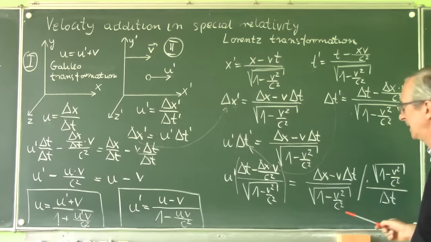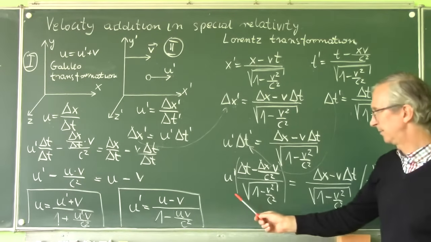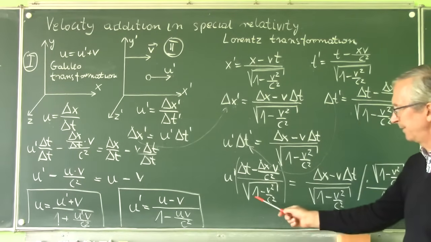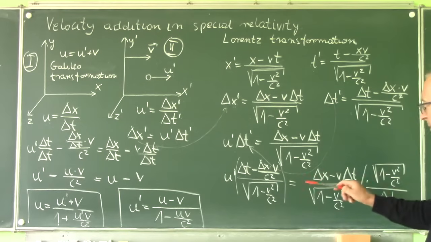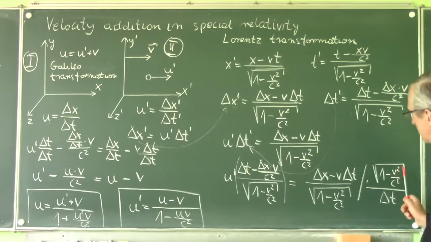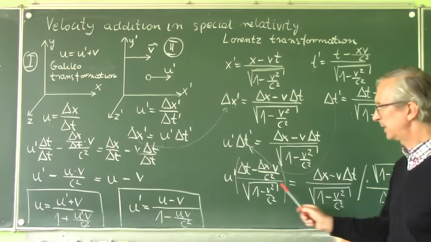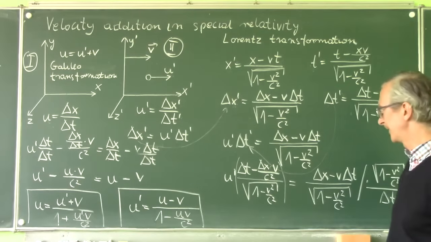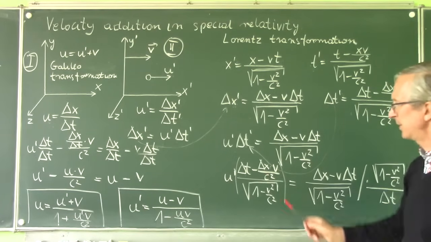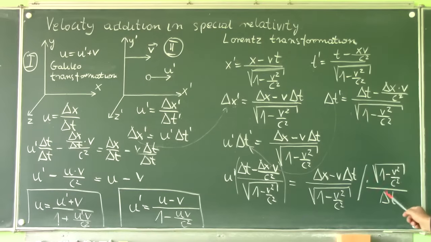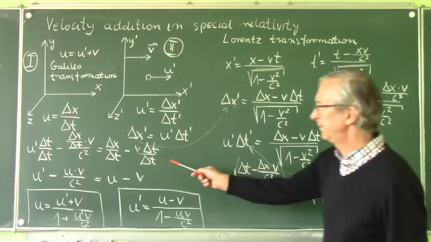Now we see that on both sides we have the same denominator. So if we multiply both sides by the square root of 1 minus v squared by c squared, then these denominators will vanish. Next, we divide both sides of this equation by delta t, and we have it here.